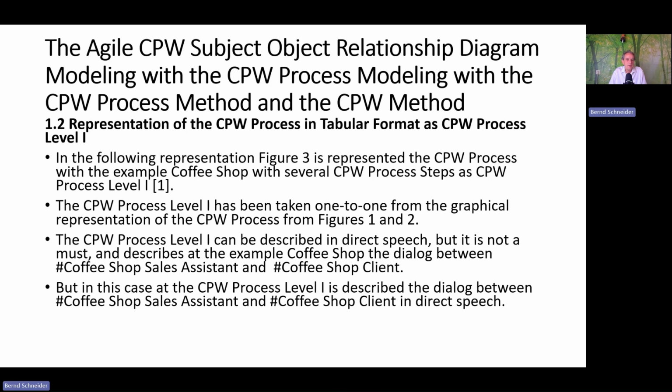The CPW process 1 can be described in direct speech, but it is not a must, and describes at the example coffee shop the dialogue between hashtag coffee shop sales assistant and hashtag coffee shop client.